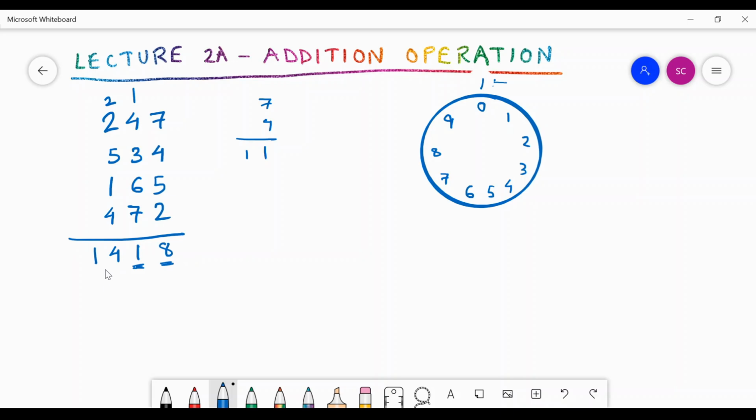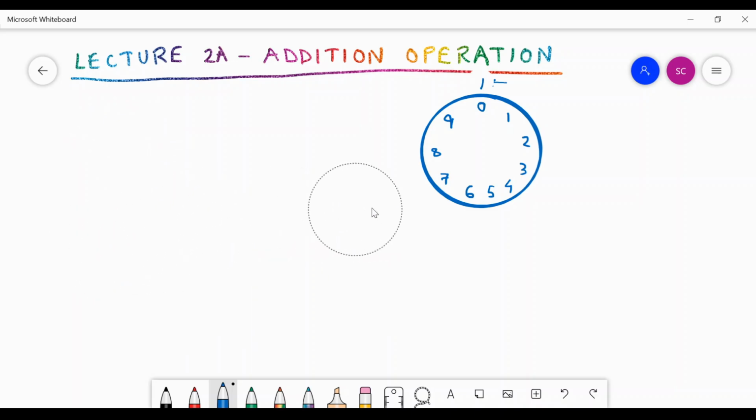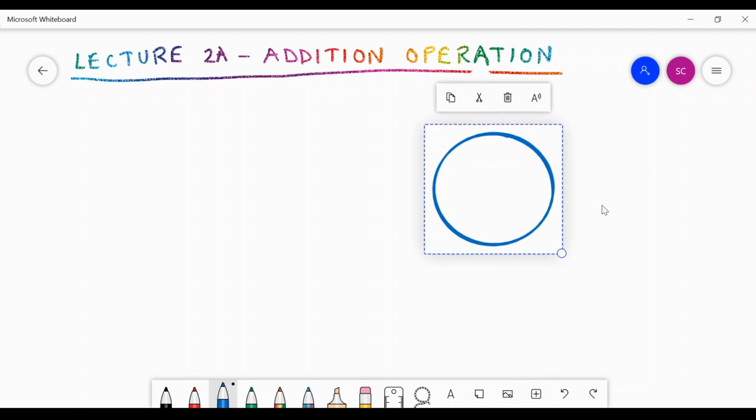So this is how it happens. So if I now say that this is the addition operation in decimal, suppose the addition is in octal, then what would happen? Then this clock will change. How will it change?